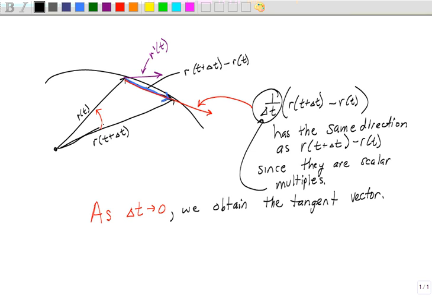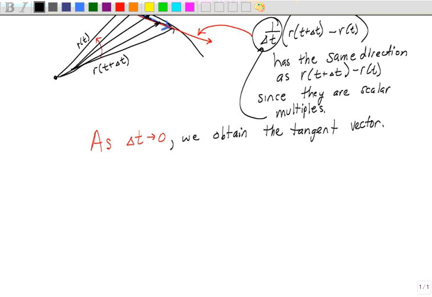Because you can see as we get closer and closer, and that becomes r of t, then we get the tangent vector.